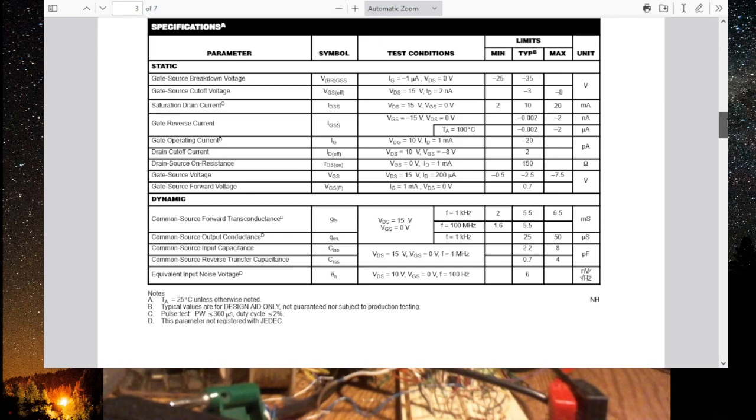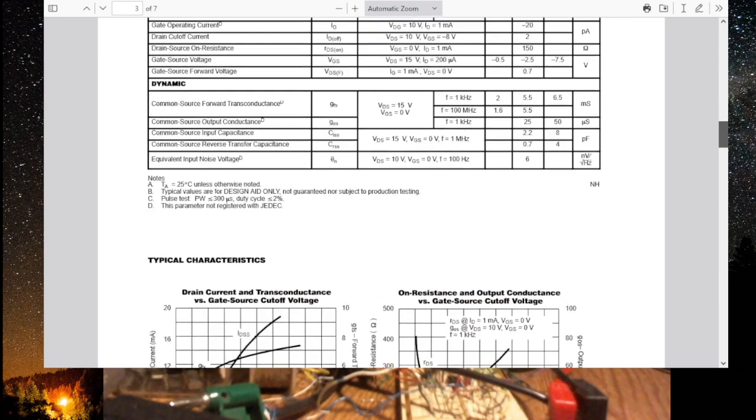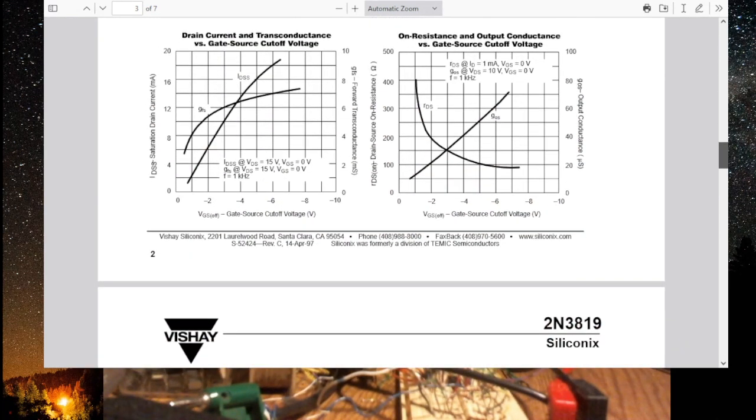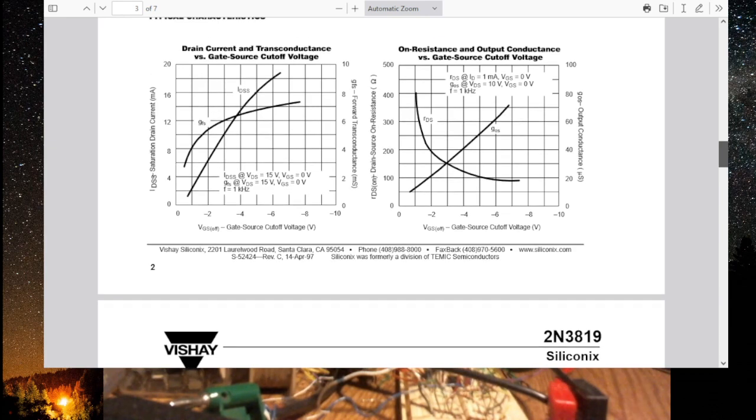Equivalent input noise voltage is like 6 nanovolts per square root of hertz, like it's really small. On resistance and output conductance versus gate source cutoff voltage. Use these to design your circuit.